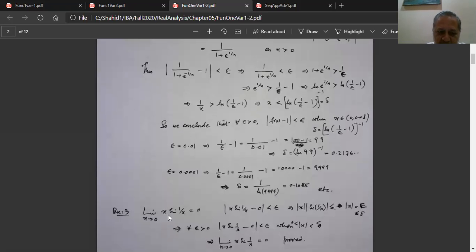Now, what about the limit of x into sine of 1 upon x? We directly go to the epsilon-delta expression. So if this limit is 0, we consider the modulus of f(x) minus L less than epsilon, and then further explore this.